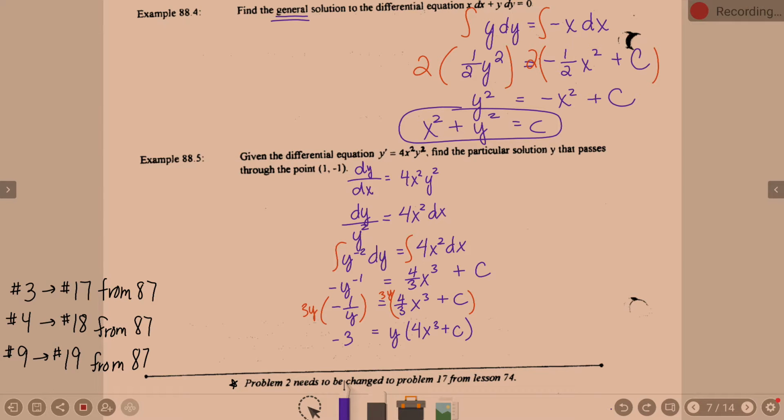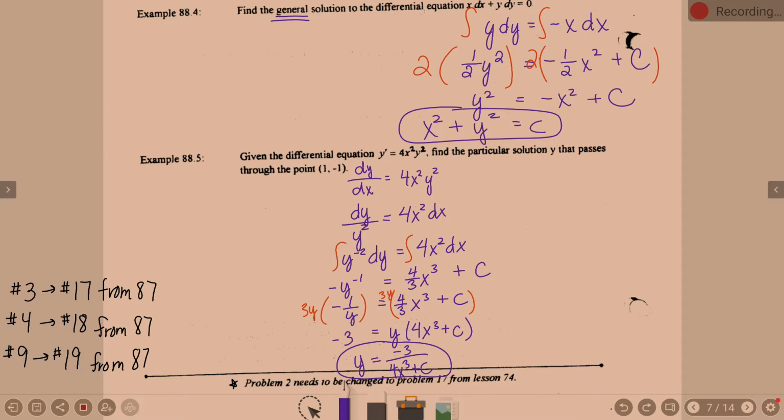My reason for doing that is I still have to take another step to solve for y, don't I? And so now, since I did y times the rest of that quantity, I can divide by that quantity. And so I'm going to have y equals -3 over 4x cubed plus c.